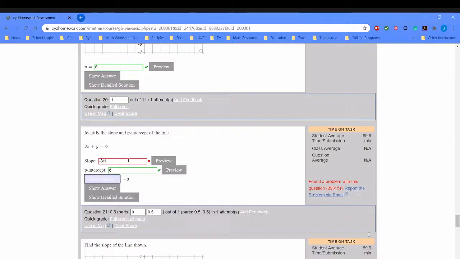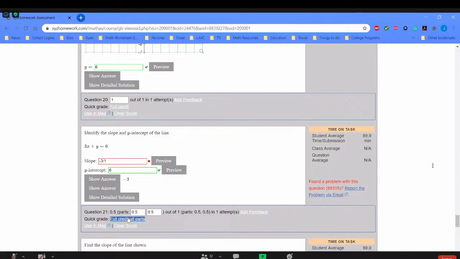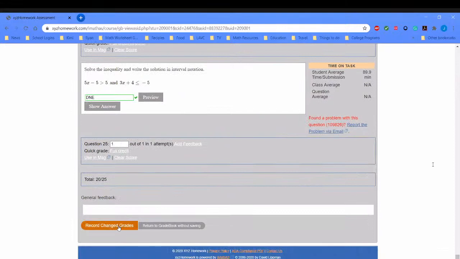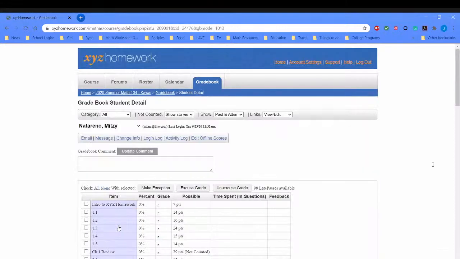It wanted -3, not 3/1. Let's just do that. I'll just give you full credit. Next time, just simplify that to -3. Okay, got it. Let me give you full credit on that, and let me save it. All right. Thank you. Did anyone else have questions?